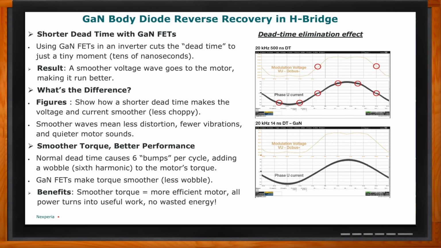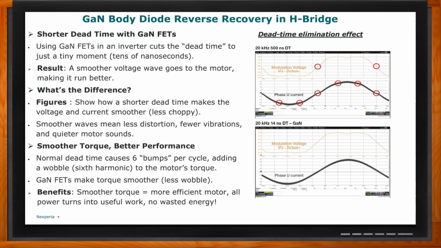The difference, I explain it in the figure itself, as you can see, in each cycle, going from negative to positive again. So in one cycle, you have about 6 points where the motor vibrates. And these points could be increased or decreased depending on the RPM and depending on the torque requirement. And so the shorter dead time will make voltage and current a lot less choppy.